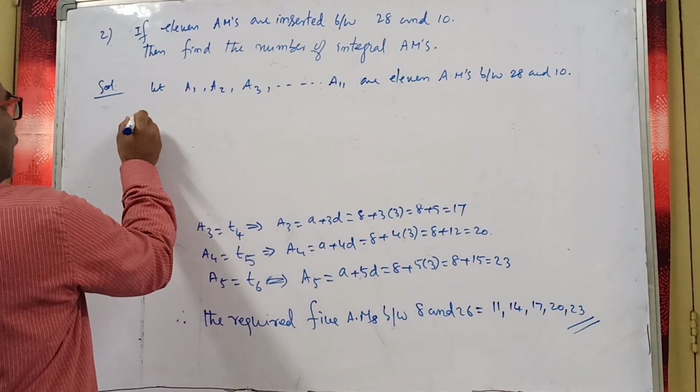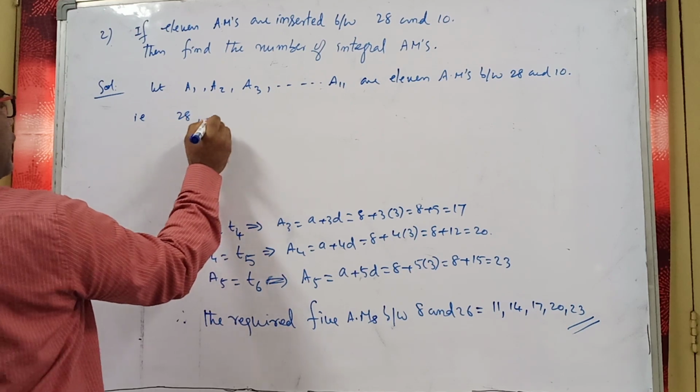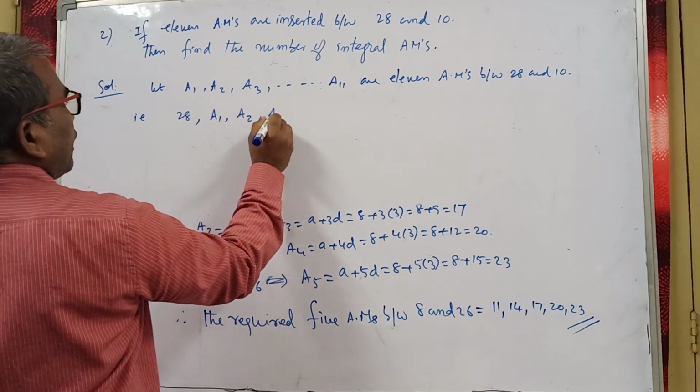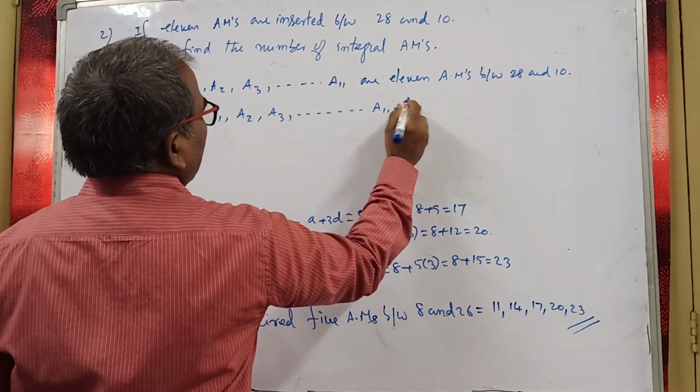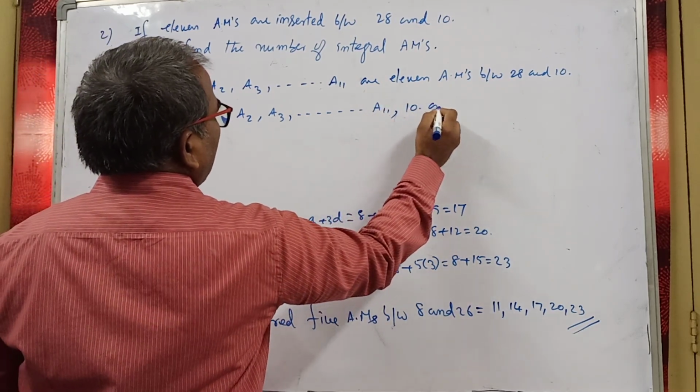Okay? That is, these are all in series: 28, A1, A2, dash, A11, 10 are in AP.